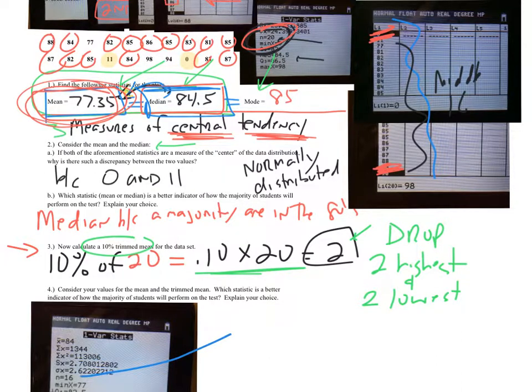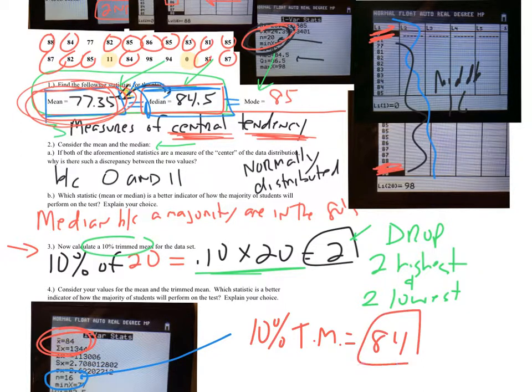So here I'm now left with 16 pieces of data, and here the average, the 10% trimmed mean, is going to be 84. And now the question is saying, consider your values for the mean. So here the mean was 77.35, and the trimmed mean, 84.